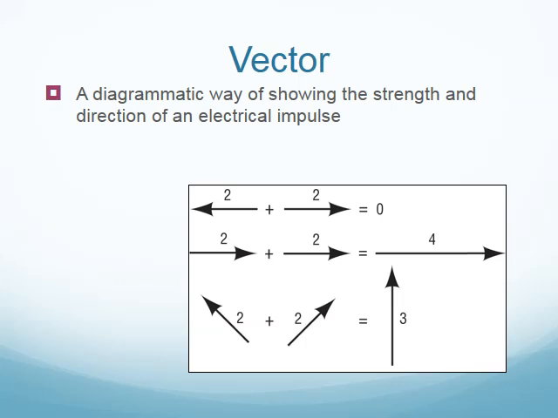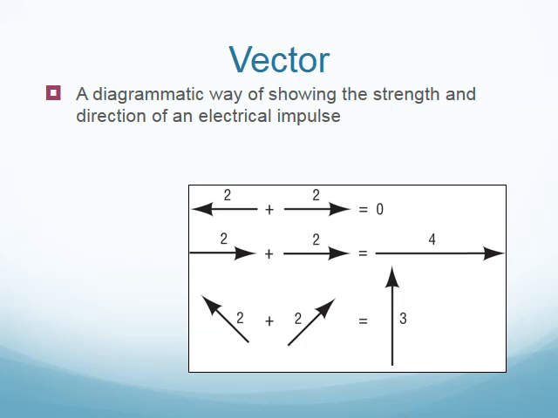Right now, the only thing you really have to keep in mind is that our vector is just the average flow of electricity, its direction and strength. And remember that vectors can either compound and create a stronger impulse, or they can cancel each other out. Look at our example here. We have vectors of the same strength traveling in complete opposite directions. Those are going to cancel each other out, and there won't be any deflection.